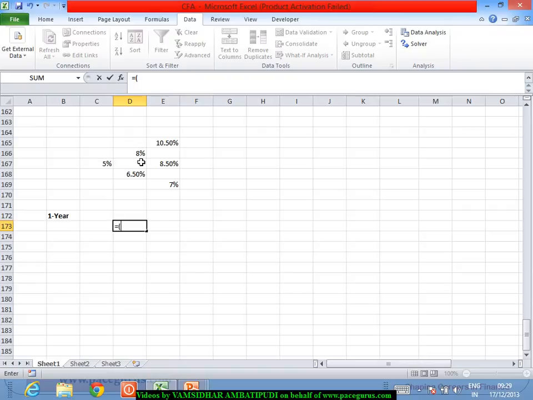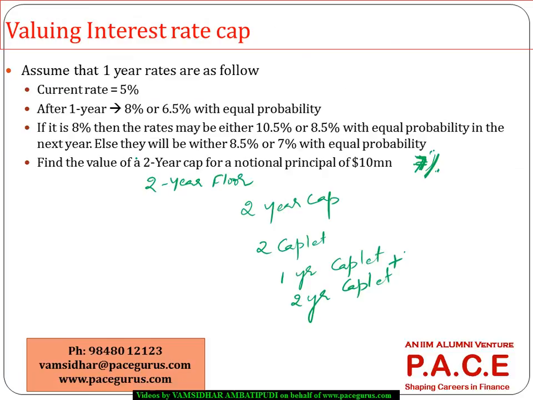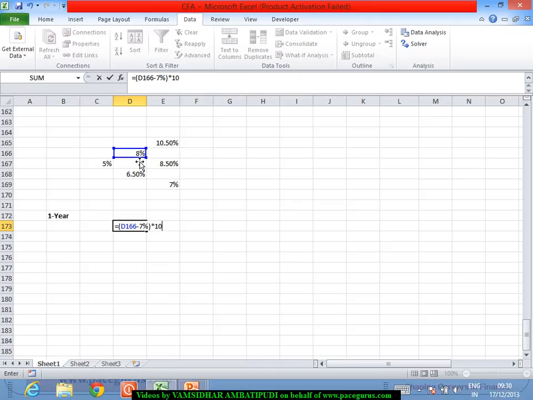Whenever I am talking about the benefit or the payoff with respect to caps, all I would take is the difference, this rate minus 7%, multiplied by the notional principal of 10 million. Let me take it as 10 itself, so we'll have the answer in millions only.